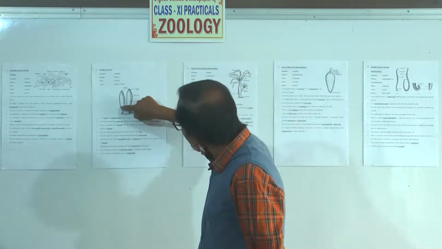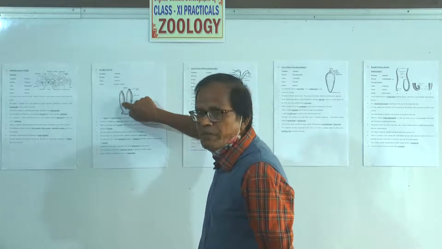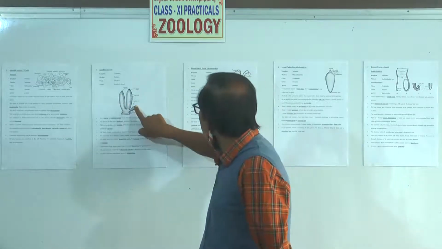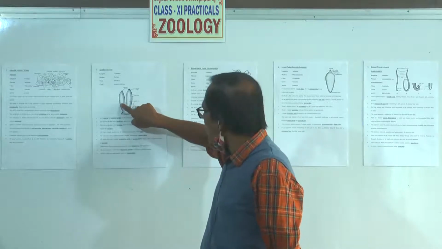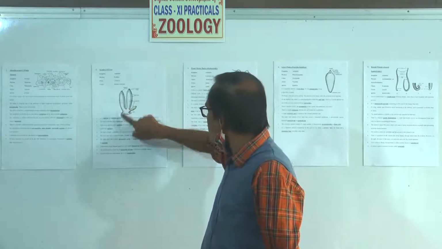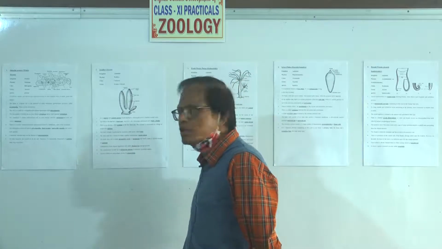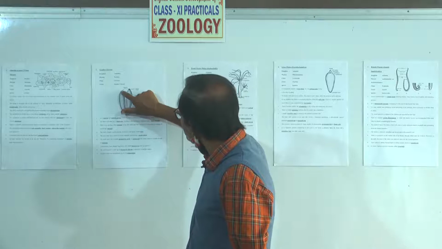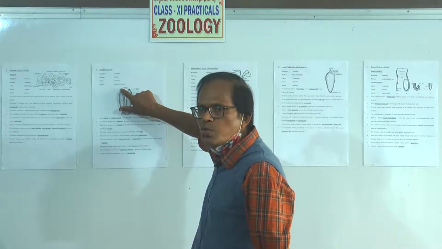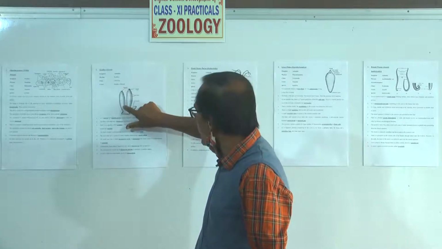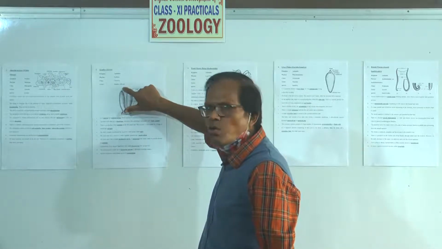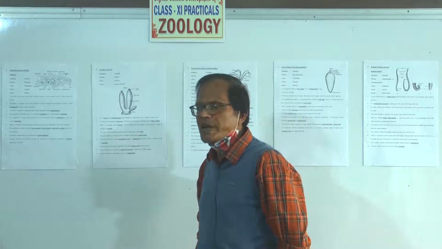The canal system finally opens into a single cavity here at the center of the body cylinder, and this cavity is known as paragastric cavity or spongocoel. Spongocoel ultimately opens to the exterior through the osculum. So ostia, canal system, then spongocoel, then through osculum to the exterior.